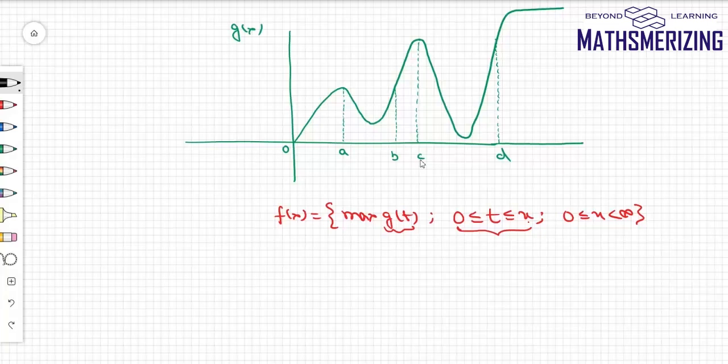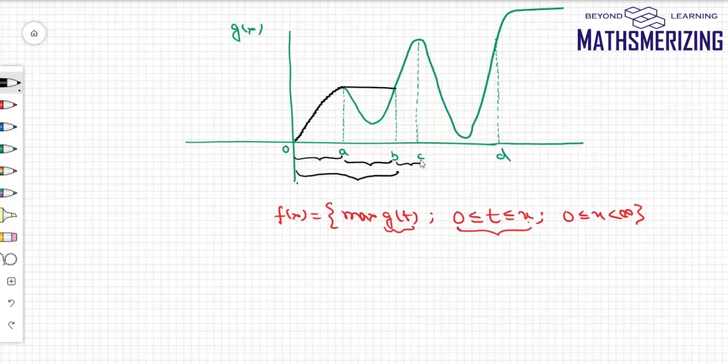Now between 0 and a, it is an increasing function. So maximum value of g(t) will occur at x. So in that case, the function f(x) will be same as g(x). Now when x lies between a and b, now in the interval 0 to b, the maximum value of this function will be at a. So in that case, it will be a constant function. Now again, between b and c, it is an increasing function.